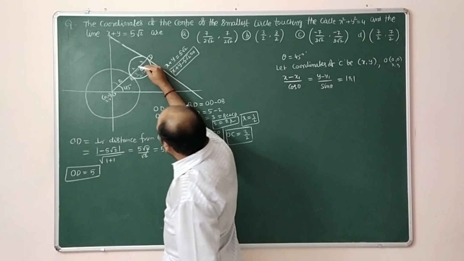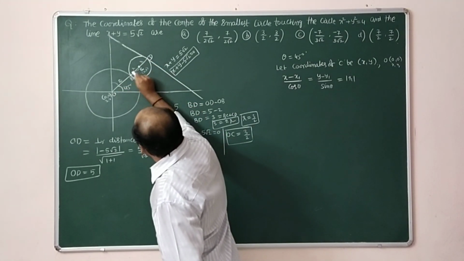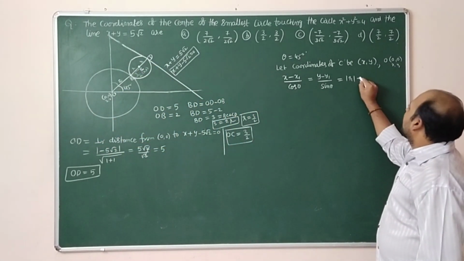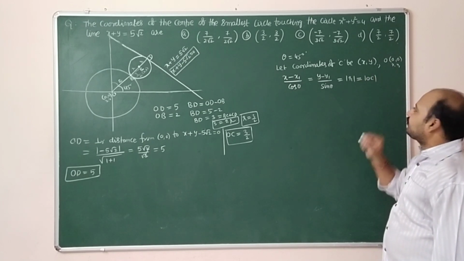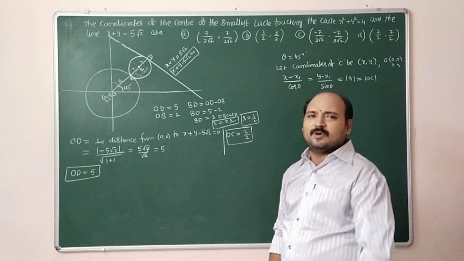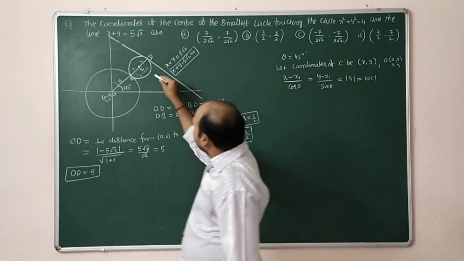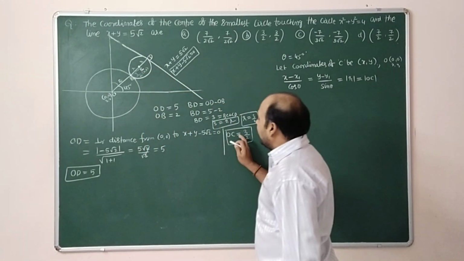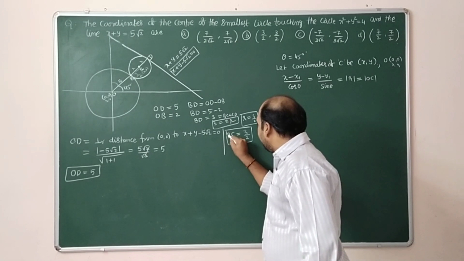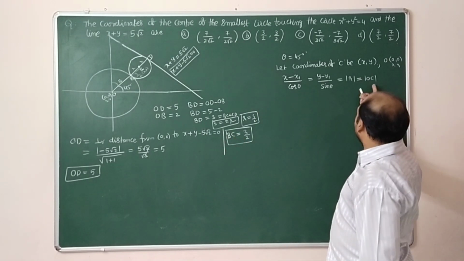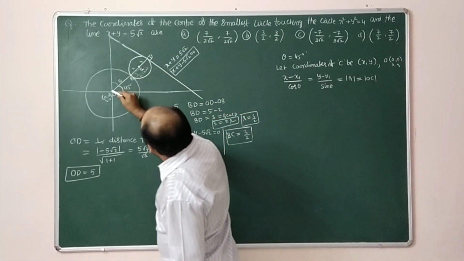Here mod r represents the OC distance. Mod r means mod OC here. Distance you can always take as positive. We got the value 3 by 2, but not OC, it is only BC. Sorry, this is BC. To get OC, what is it from here?